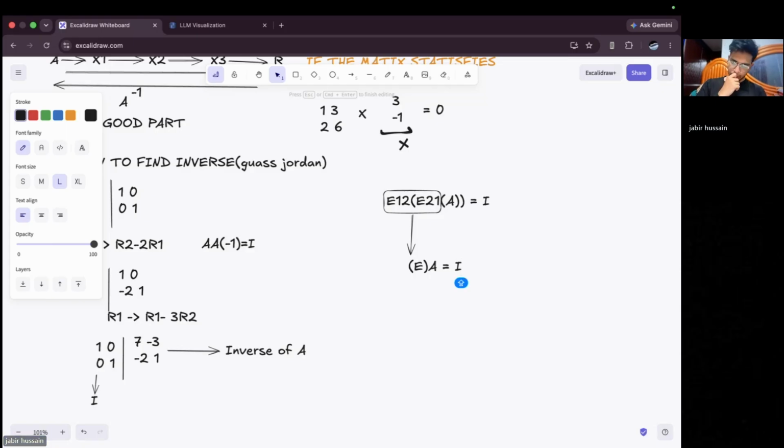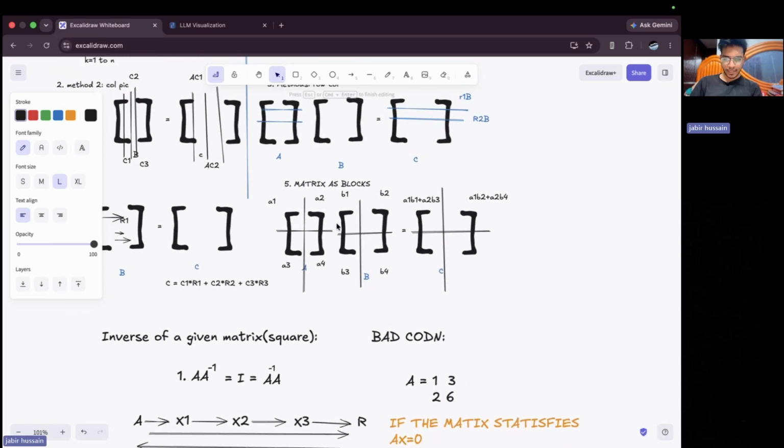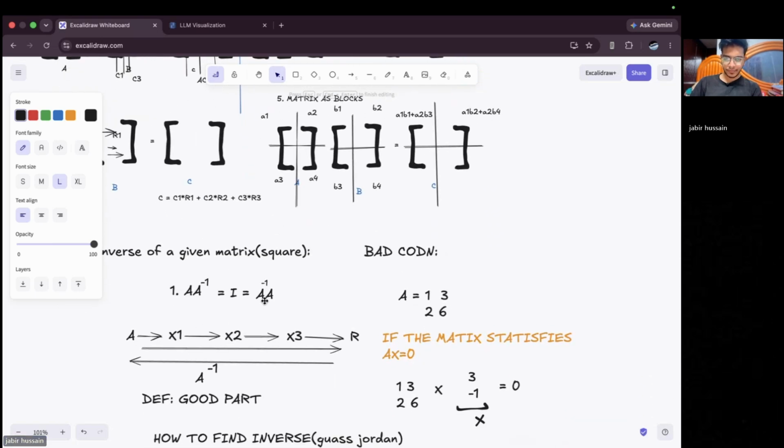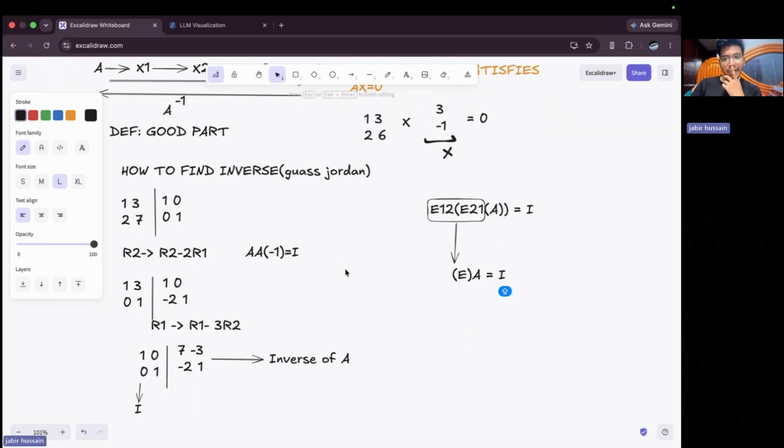Now let's go back to the definition. So if I'm doing eliminations, and after doing eliminations my equation is getting satisfied, then what is E?